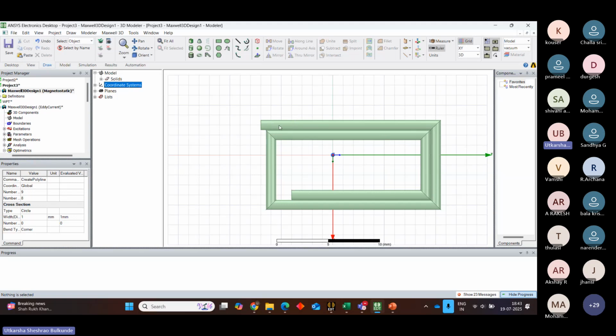See, all these positions you have to measure and do this. For now I am doing it randomly, but you have to do it by measuring. Okay, so this is how we have extended our leads from the coil, right?